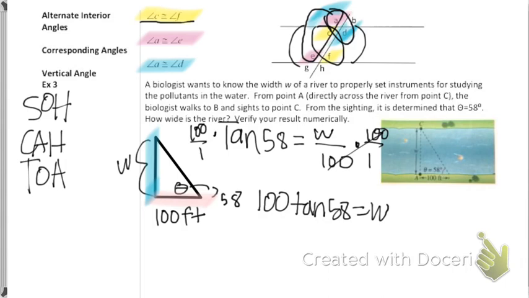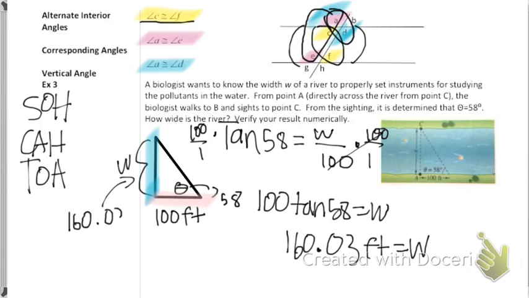And now to find what the width is, 100 times tangent of 58, I just calculated on my calculator, equals 160.03. So the width of the river equals 160.03 feet.